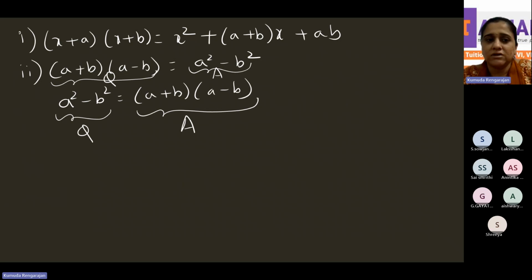We say a plus b into a minus b is equal to a square minus b square. You can see the equal to sign everywhere. So it has 2 sides, the left hand side and the right hand side. If the question is like the LHS, then the RHS will tell you how to do the answer. If the question is like the RHS, then the LHS will tell you how to do the answer.